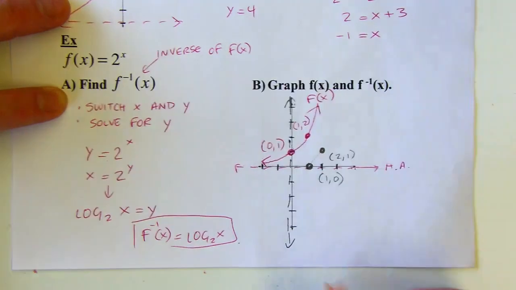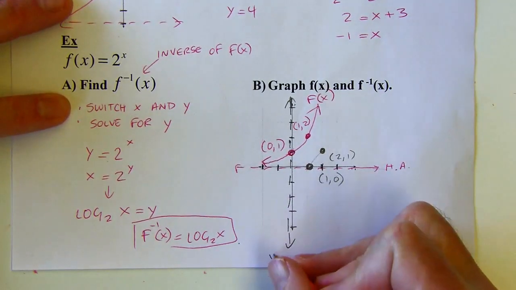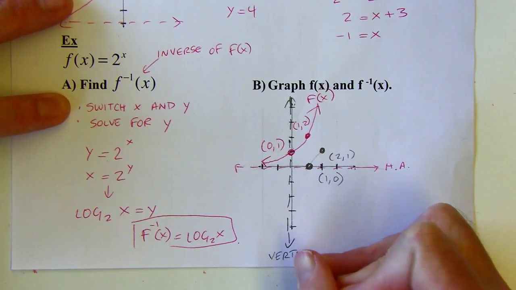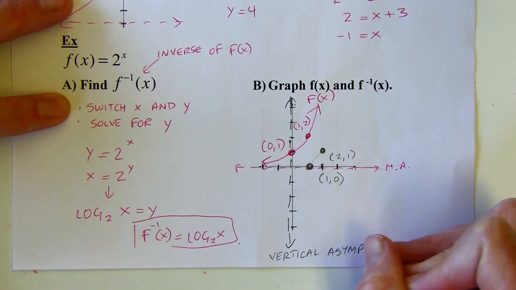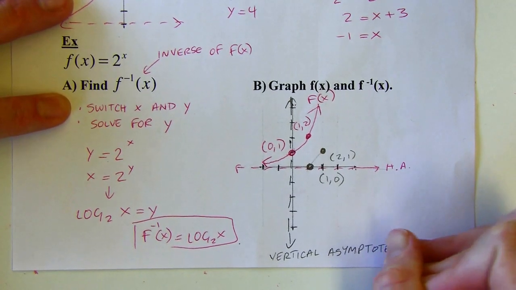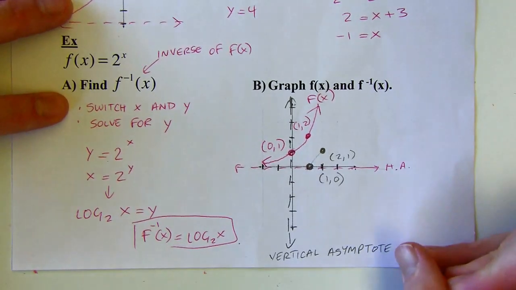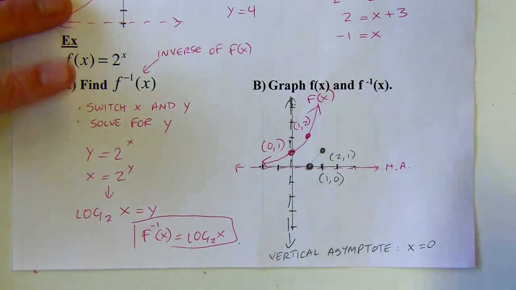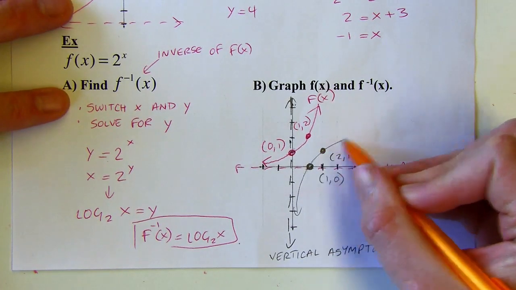So this isn't a horizontal axis, it's a vertical axis. Or vertical asymptote, I mean. And the equation of this is x equals 0. But it's just the y-axis, okay? So that gives me a guide for drawing this curve, okay?